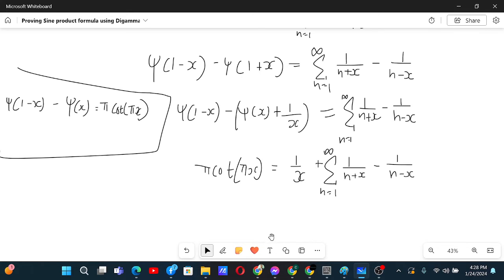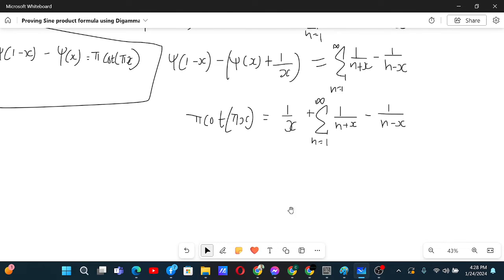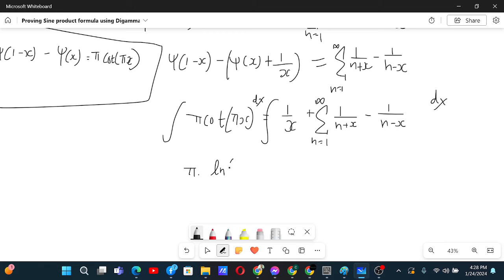Okay, now let's take the integral on both sides with respect to x. For this one pi is constant, and for cot we have ln of sine pi x by pi.